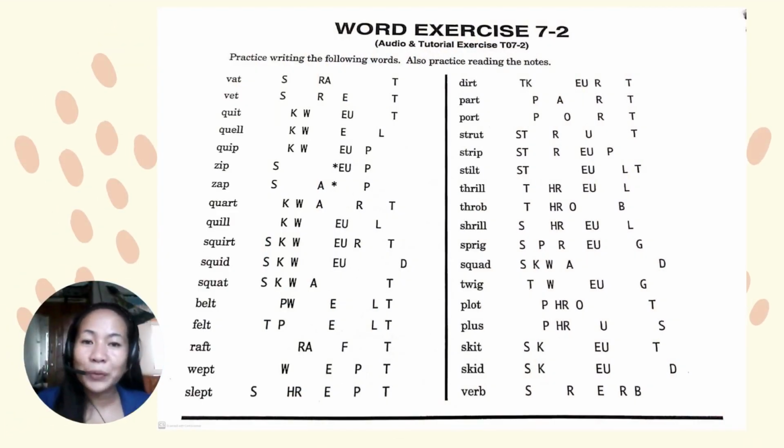All right, so for word exercise 7-2, you can stop the video so you could read by yourself the words projected on the screen, and while reading, you're also pressing the stroke for each word like the, that, the vet, and the quit. So we could also say it another time.